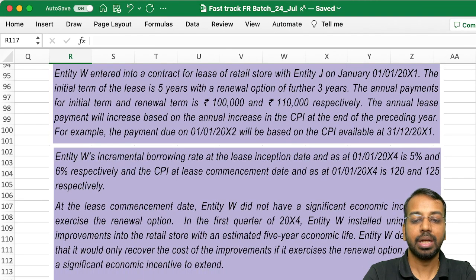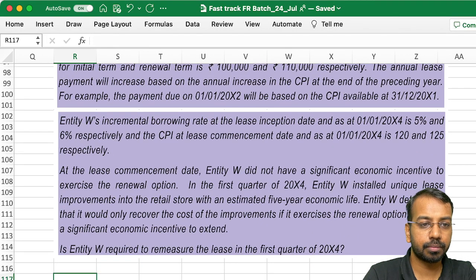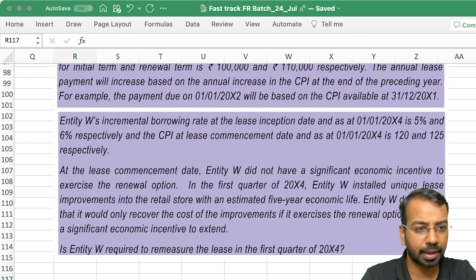Lease liability, we know, is the present value. Just give me a moment. I think I'll do some adjustment and get the Excel thing.